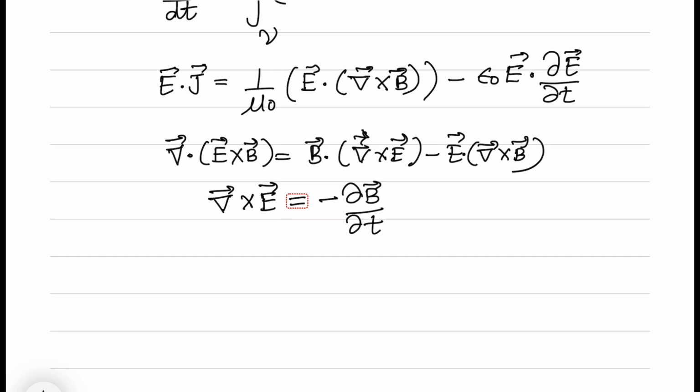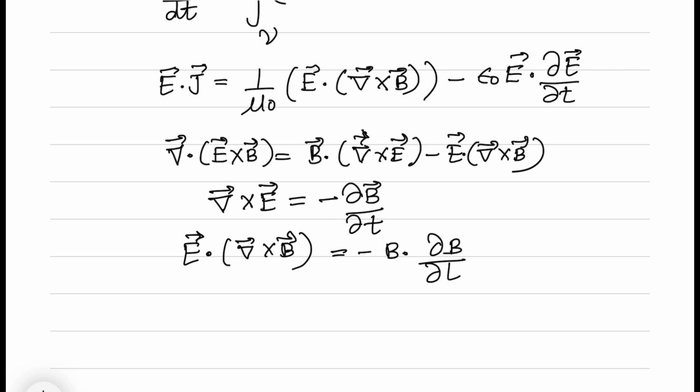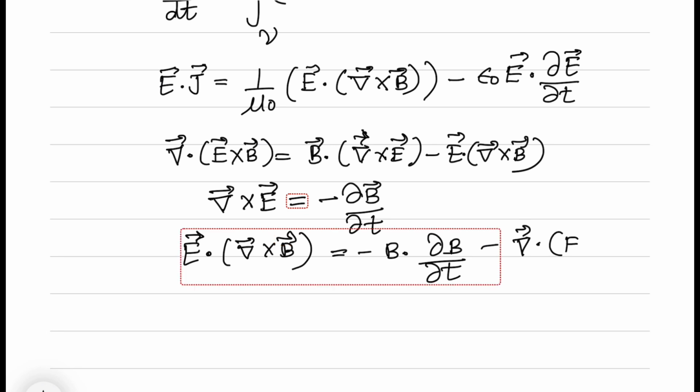It follows that E dot del cross B is equal to minus B dot delta B upon delta t minus del dot E cross B.